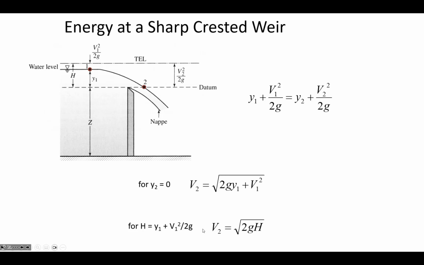So this orifice equation was a way for you to know the velocity of the water as it comes out of an orifice. And the same thing is true here, that the H that we're representing is the total energy.